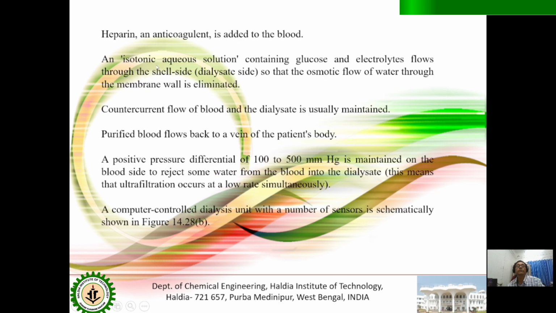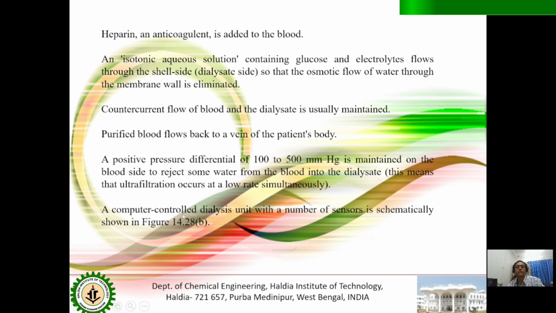And an isotonic aqueous solution containing glucose and electrolytes, which are essential for the body, is passed in, and countercurrent flow of blood and dialysate is usually maintained. Purified blood flows back into the vein, and a pressure difference of about 100 to 500 millimeters of mercury is maintained.